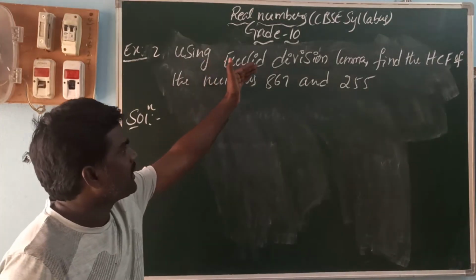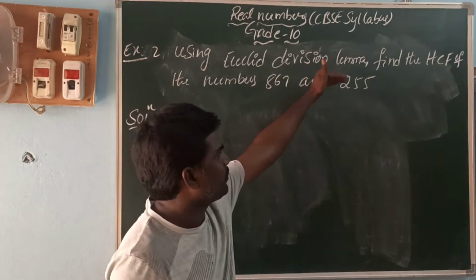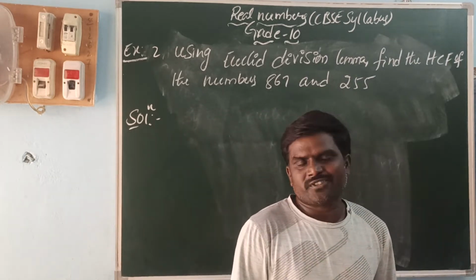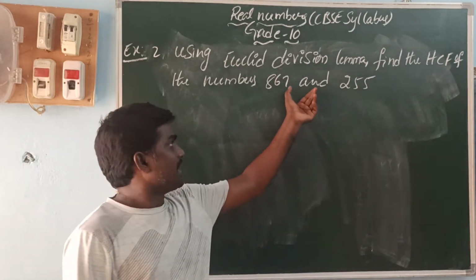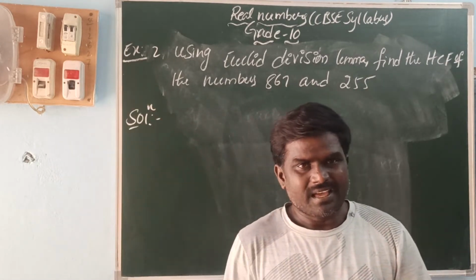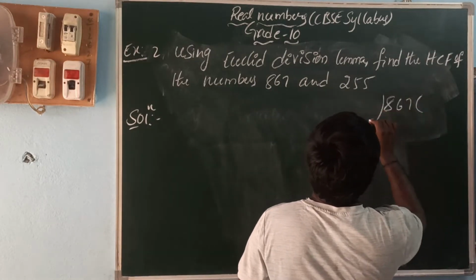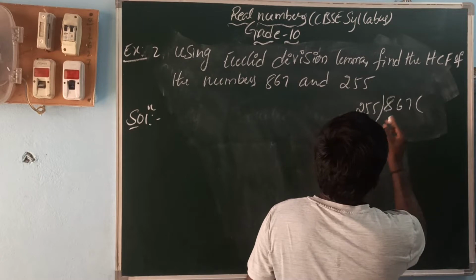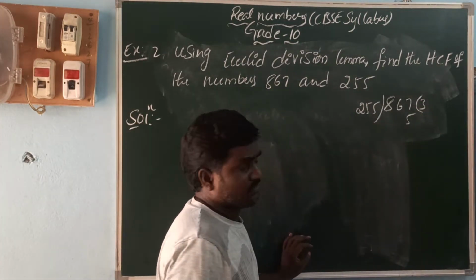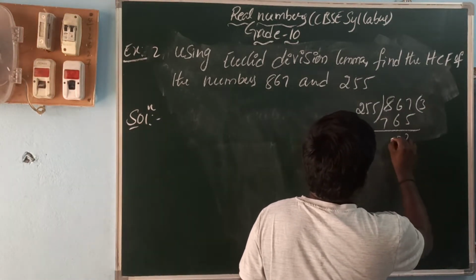Using Euclid division lemma, find the H.c.f. of the numbers 867 and 255. H.c.f. means highest common factor. How can we find it? By using the division method, we can find the H.c.f. of these two numbers. Here the biggest number is 867, the smallest number is 255. 255 3s are 765, plus 102, so the remainder is 102.